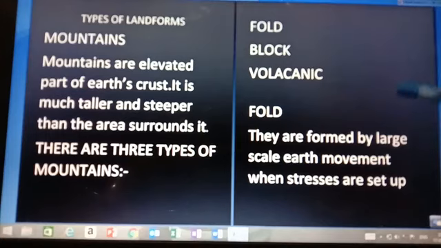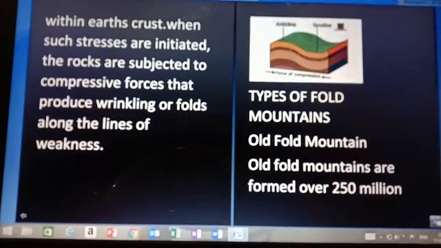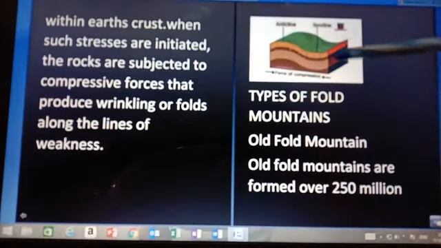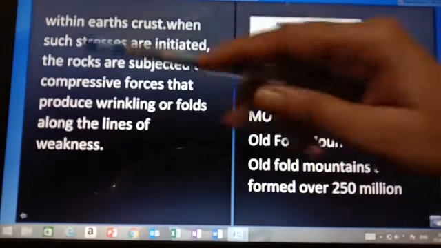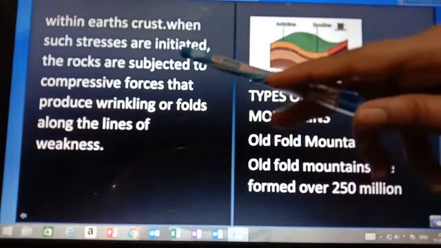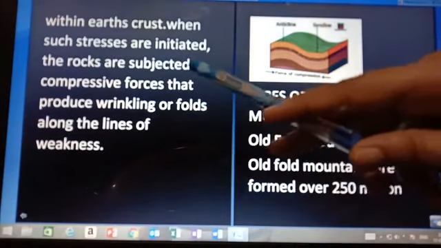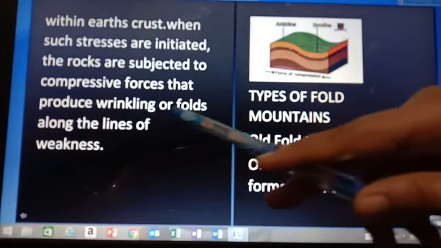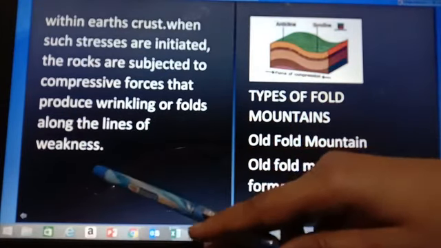As the name suggests, fold mountains must have formed by folding like this. It's a folding. Within Earth's crust, when such stresses are initiated, the rocks are subjected to compressive forces that produce wrinkling or folds along the lines of weakness.